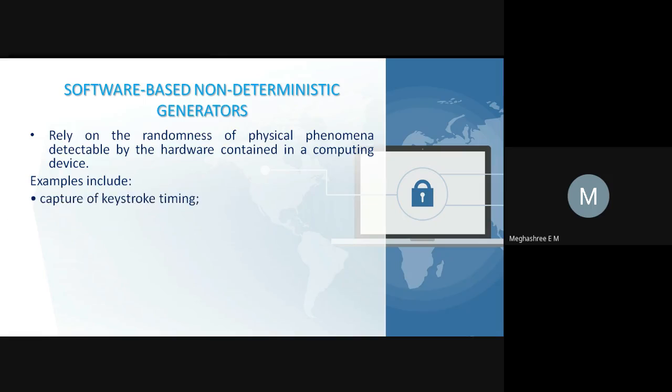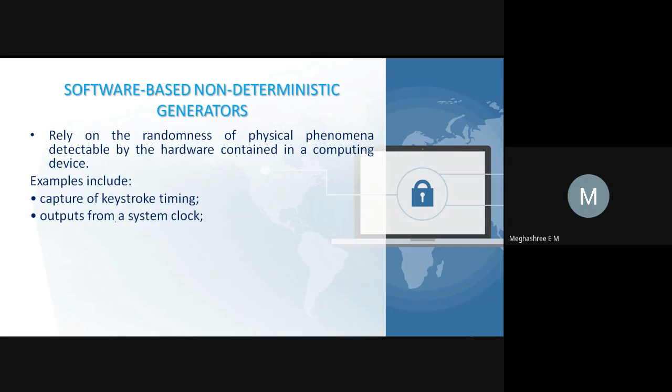Capture of keystroke timing. When you type or work in a system and enter data through your keys, that is not in a regular pattern, right? So that is a source of true random numbers here. The next example, outputs from a system clock, the clock used in the computer system or laptop.